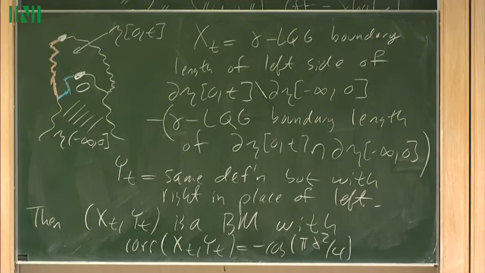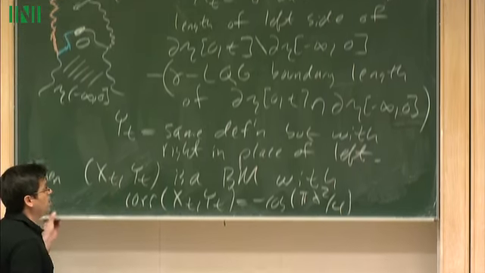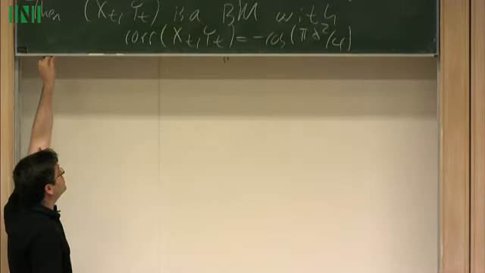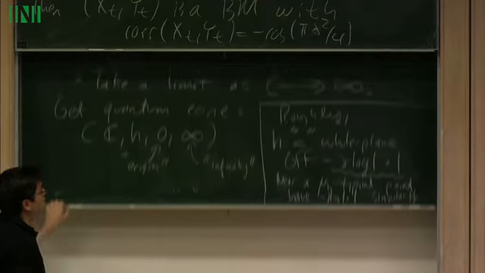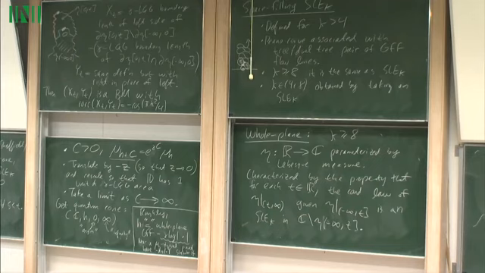Okay, so this is exactly the process that you see when you define the mated CRT map. So this is exactly where it comes from. And this theorem, one way of thinking about it is that it gives you a way of sampling the mated CRT map using SLE and Liouville quantum gravity.